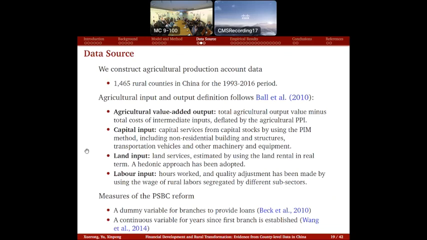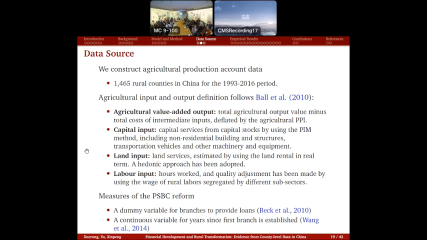Rural counties in our data means that historically, these counties have more than 90% agricultural population, with 2/3 of the arable land in China. And the agricultural input and output definitions follow the state of the art in this field, and we follow the USDA to define them like this.